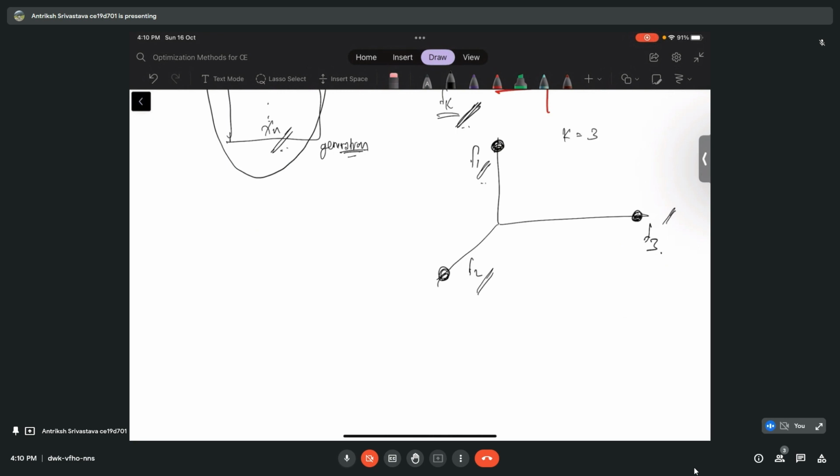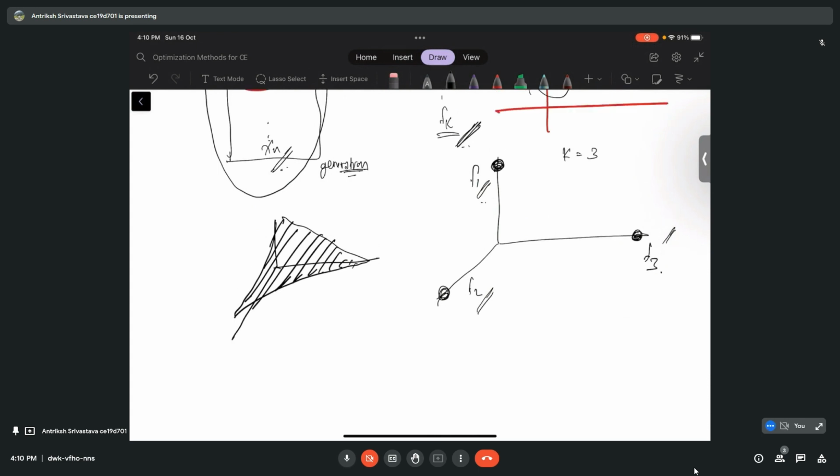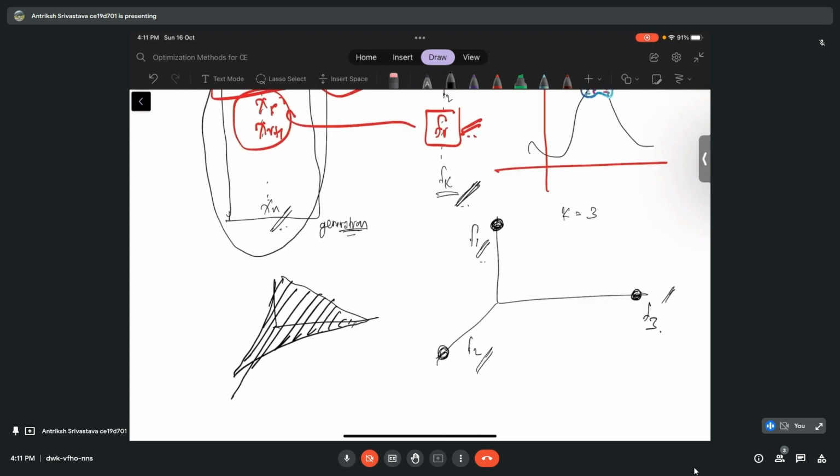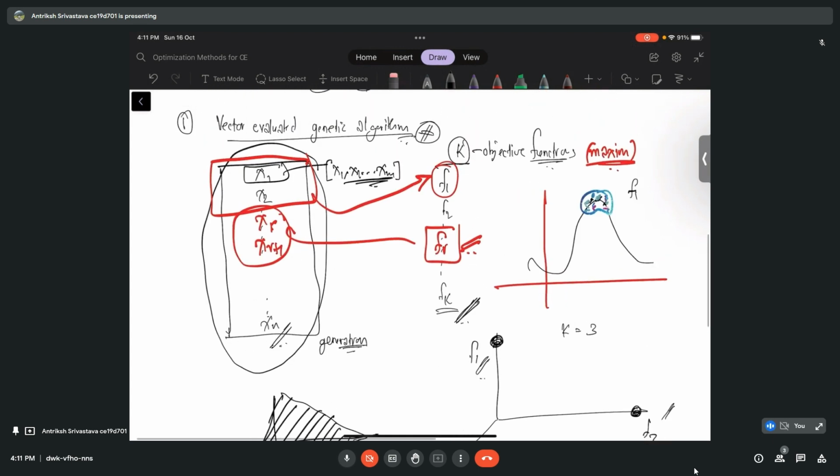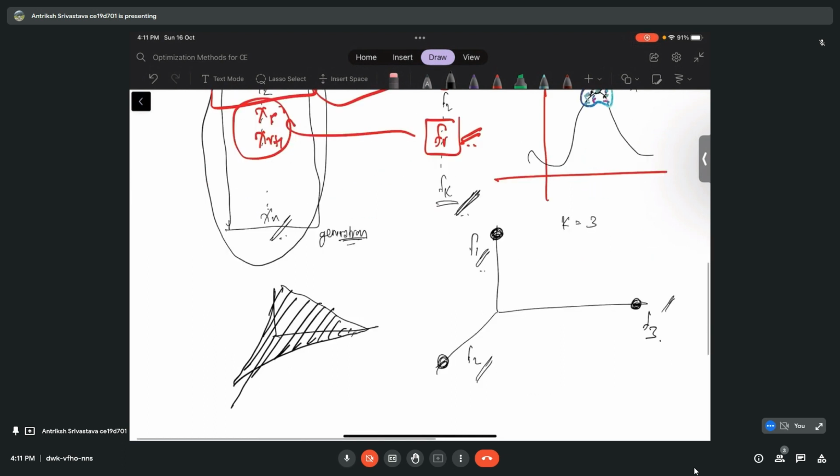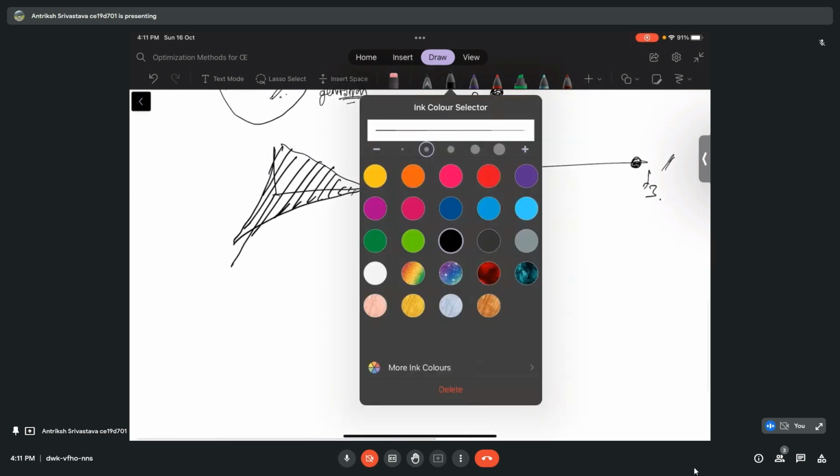In this case, it should create a 3D surface, and we should be able to choose any point on this surface based on our requirement, and that would be the solution for multi-objective optimization. But that's not what we are getting in the vector evaluated genetic algorithm. So that's one of the drawbacks of the vector evaluated genetic algorithm.